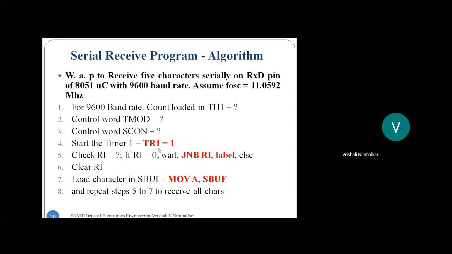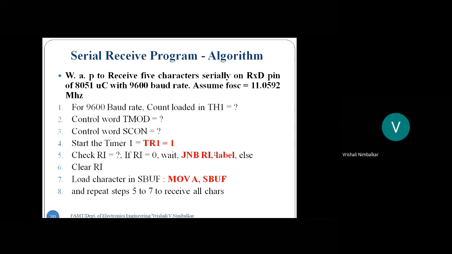Is that okay? Now, as soon as we start the timer, we will keep on checking the RI flag, the receiver interrupt flag. If the RI flag is 0, the reception is still going on. Wait and continuously keep checking RI. This is done by the instruction JNB, jump if the bit is not set.